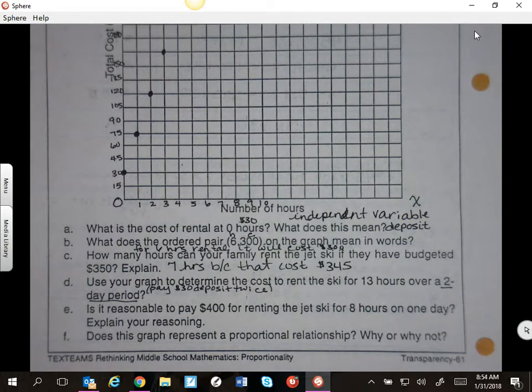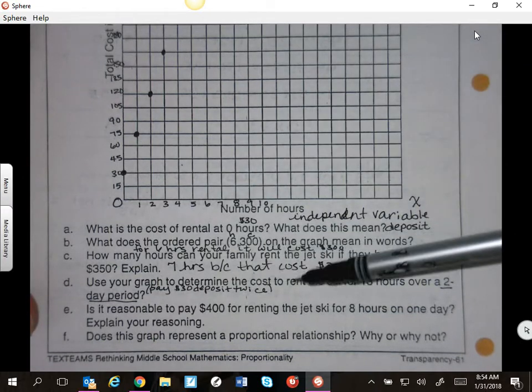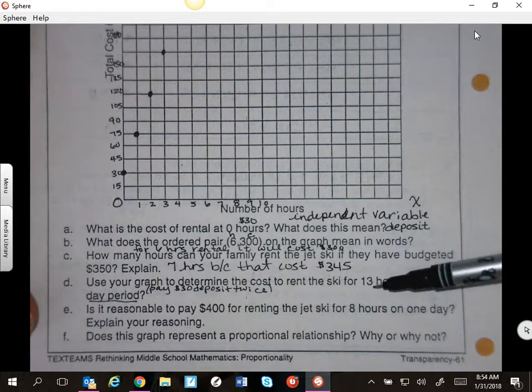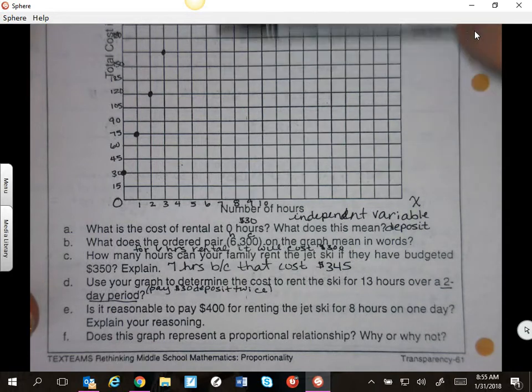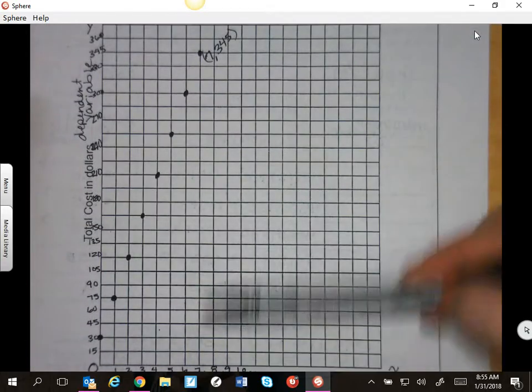So we could do a couple of things here. If you did want to use the graph, we could say, well, 6 plus 7 is 13 hours. We can say 6 hours is 300 and 7 is 345 if we're using our graph right here.